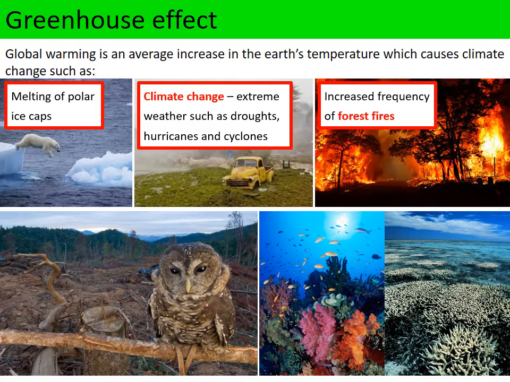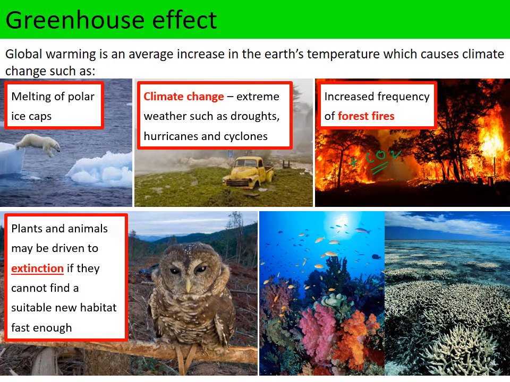This is going to devastate many forest habitats, as well as killing off many different types of animals and plants, and therefore it's going to reduce biodiversity. It is also going to further increase the carbon dioxide in the atmosphere.